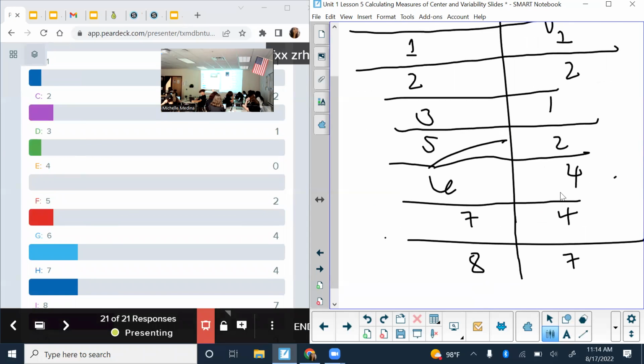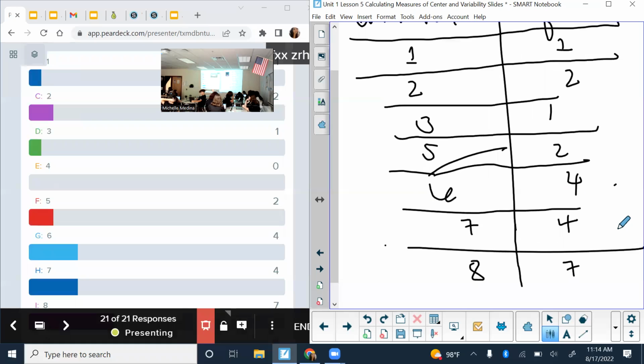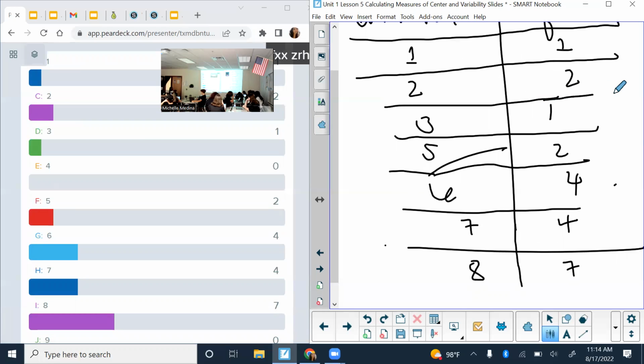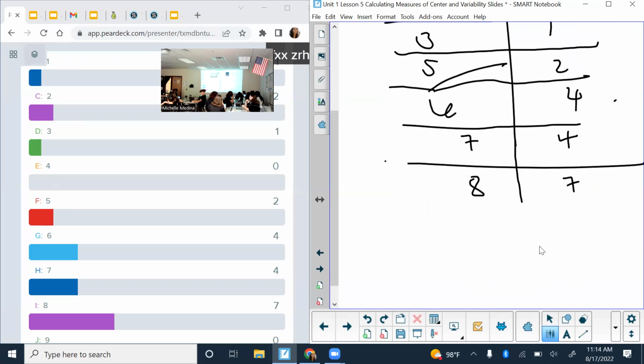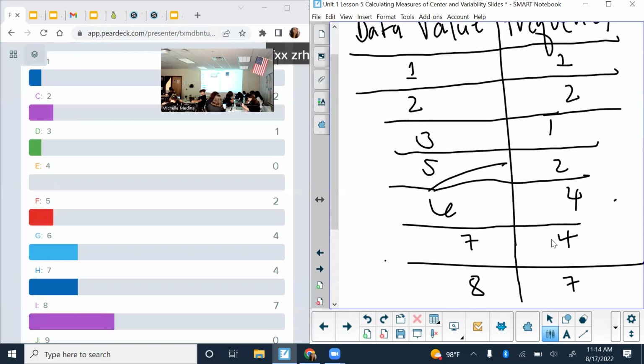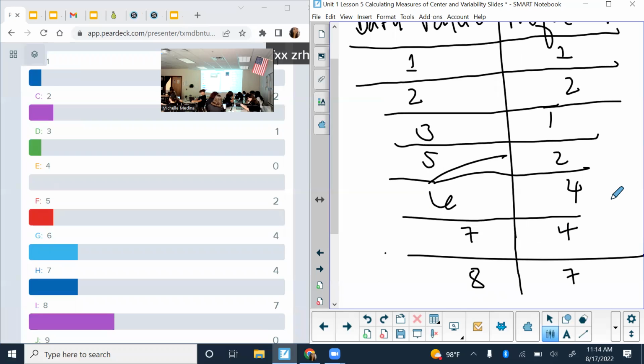How many data points total do we have? Sorry, I should probably stay on this page. How many data points total do we have? Would I be adding up the left column or the right column? The right column, the frequency.